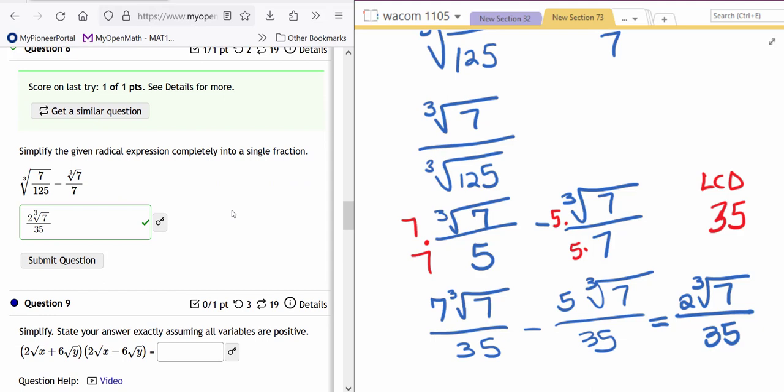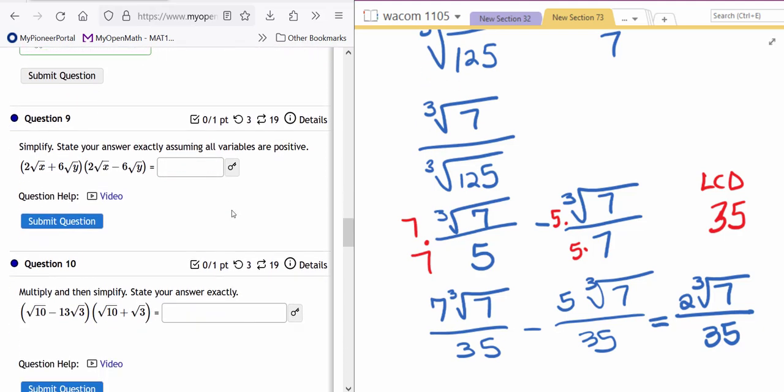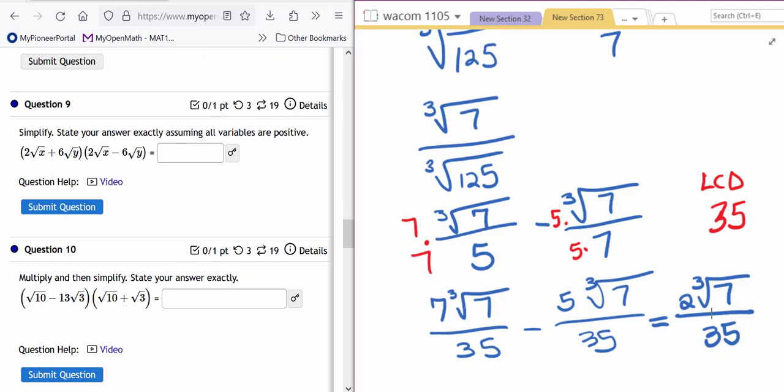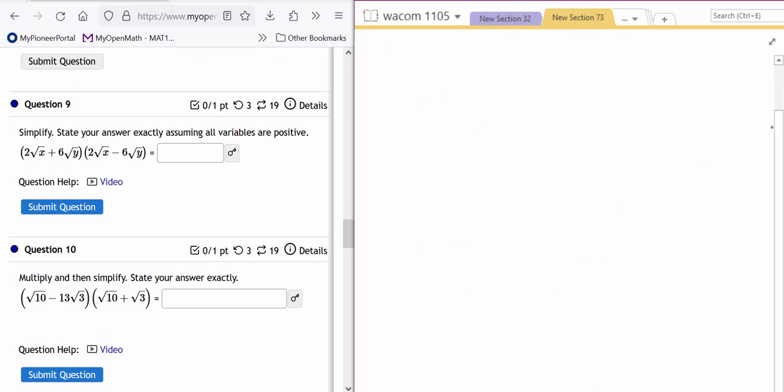All right, next we're going to switch it up and look at some multiplication. And basically with multiplication of radicals, you can multiply whether they're like radicals or not. You do need the same index, but you don't have to have the same number underneath.